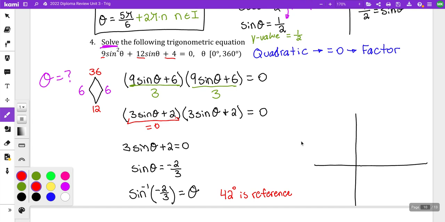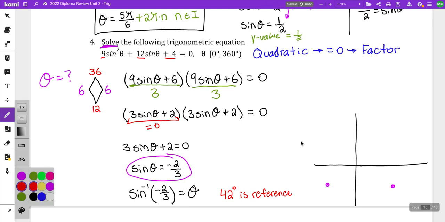We have two different spots where this would happen. It would happen down here or down here. And what we just solved was that in here, on both of them, that distance is 42 degrees. That angle.